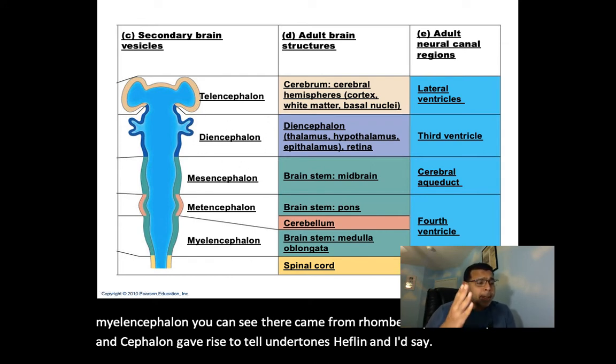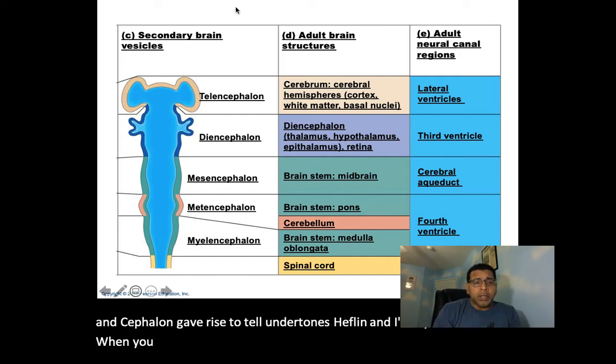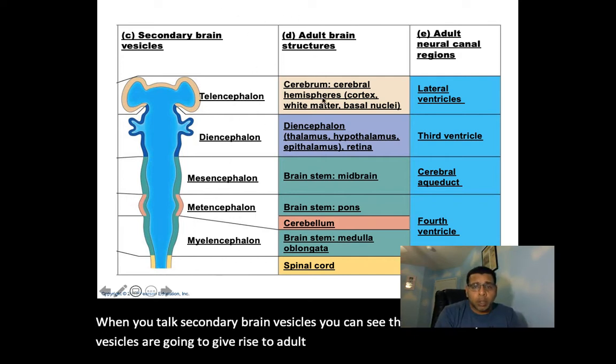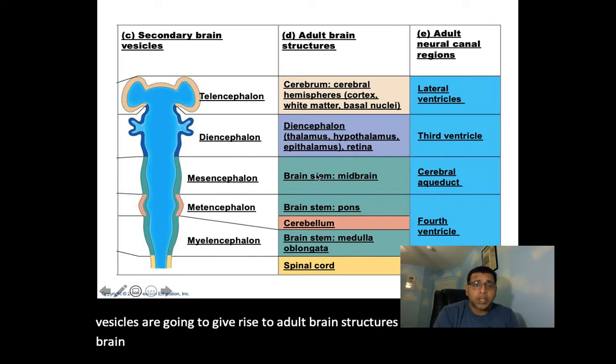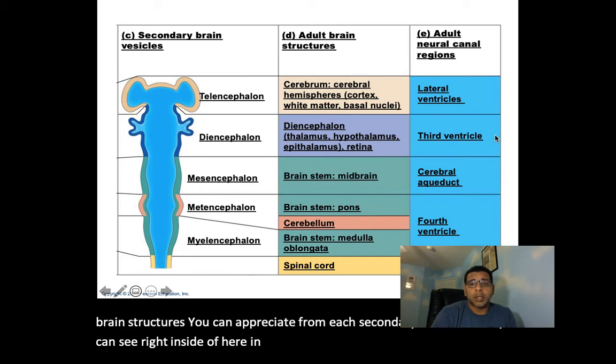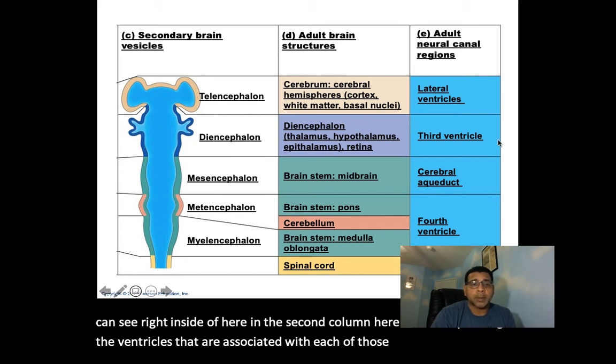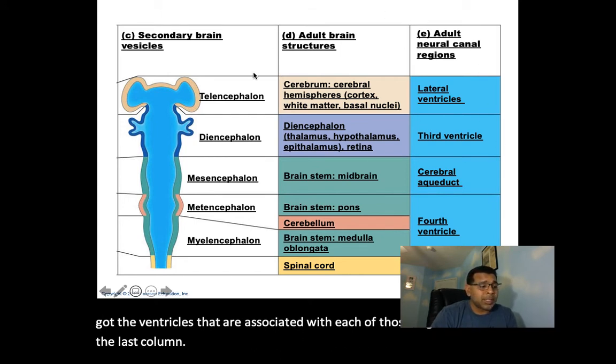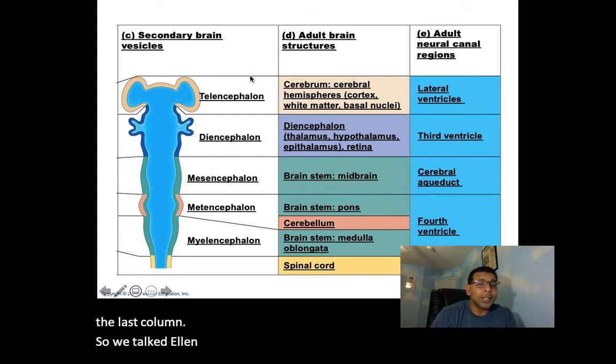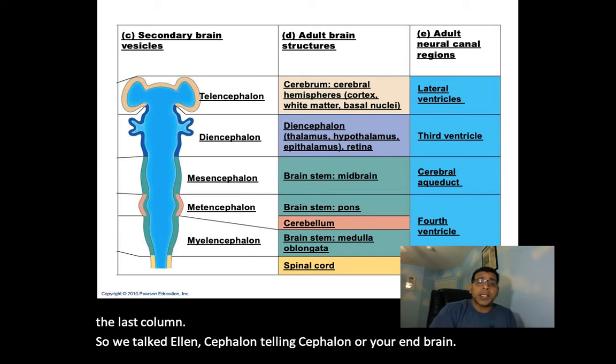Now, these secondary brain vesicles are going to give rise to adult brain structures. You can appreciate those adult brain structures for each secondary brain vesicle in the second column here, and then you've got the ventricles associated with each of those segments in the last column. So when we talk telencephalon, or your end brain, it's going to give rise to the cerebrum.